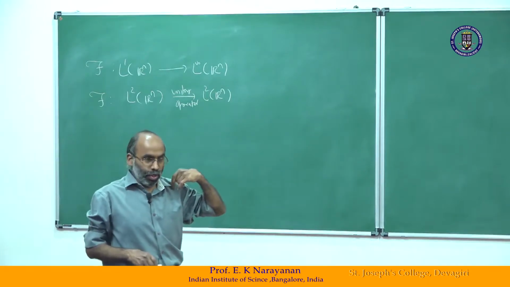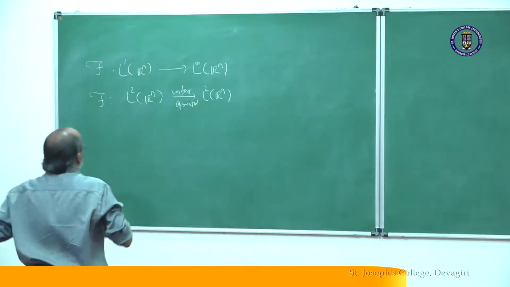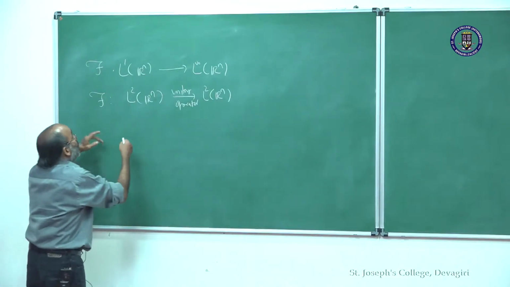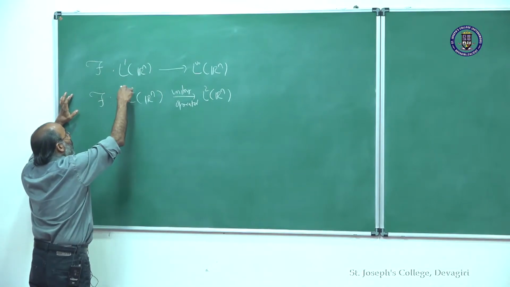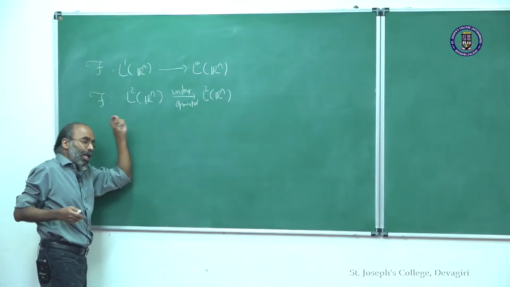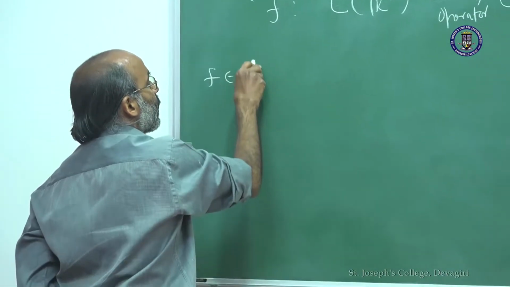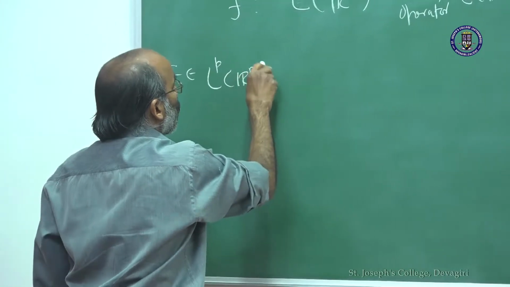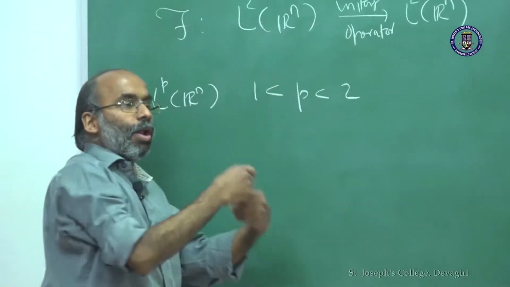Okay. So, here we need some things about LP spaces which you already know, but may not have actually looked at from that point of view. LP for P between 1 and 2 is contained in the sum of these two spaces. Okay. What does that mean? If I take an F in LP, 1 strictly less than P strictly less than 2. For L1 and L2 we already know the definition.